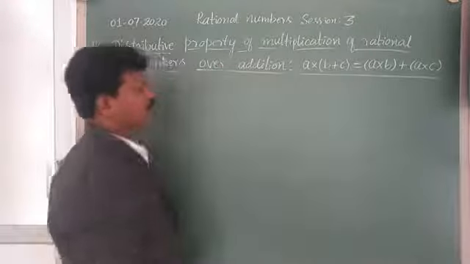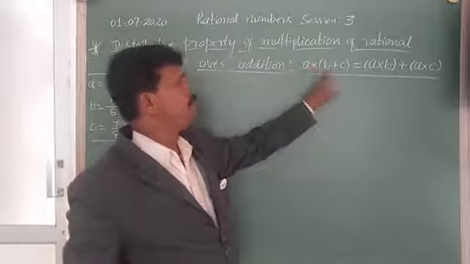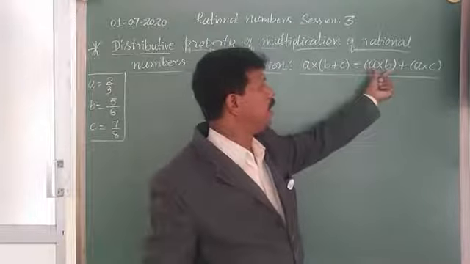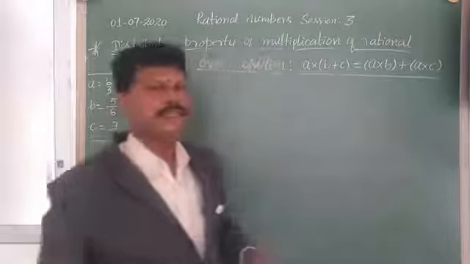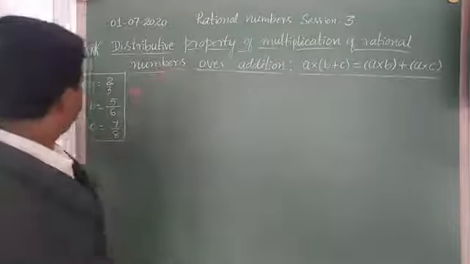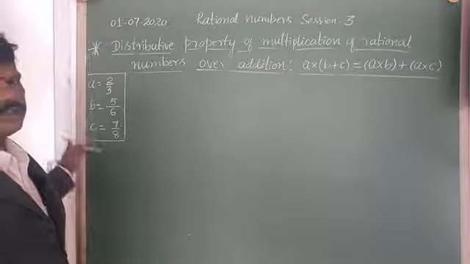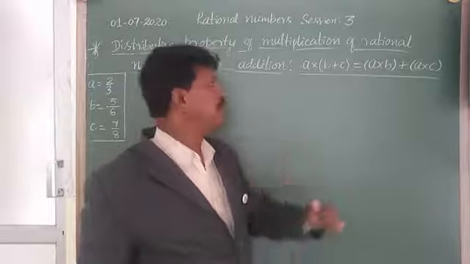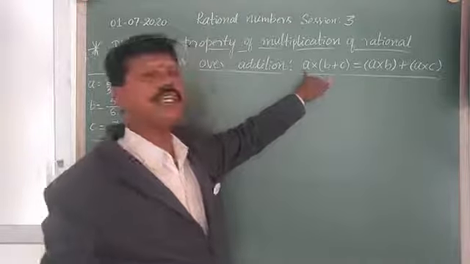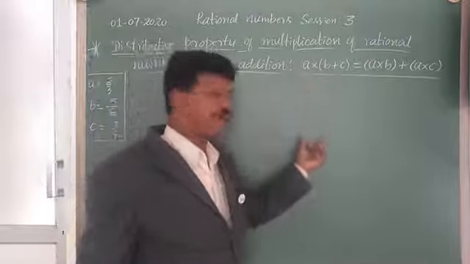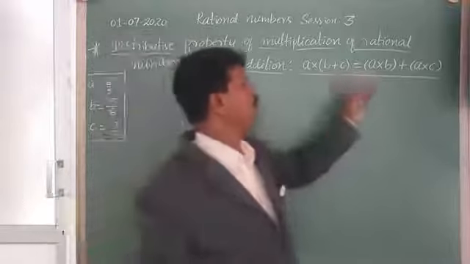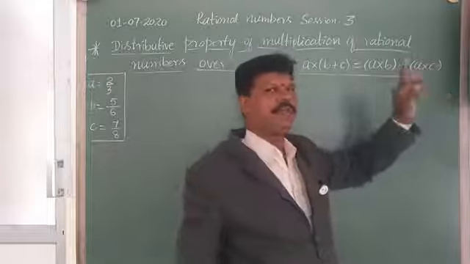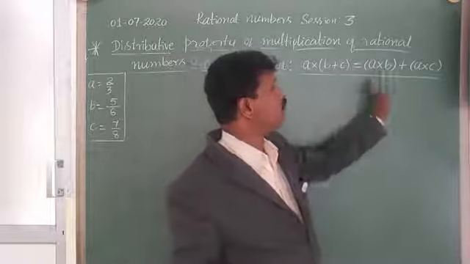So how to write this? Look at this. A into (B plus C) is equal to A into B plus A into C. That means here it says that given three rational numbers, first take two rational numbers, add them, and then multiply the sum of these two rational numbers with the remaining one, A. What answer we are getting is the same as the product of A with B and A with C; multiplying these, take the products, and add those two products.